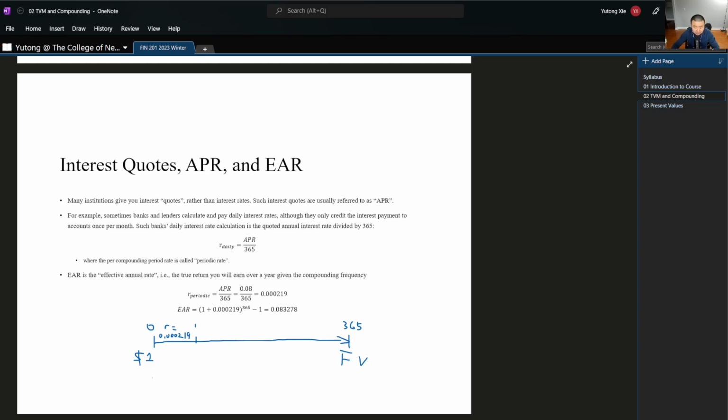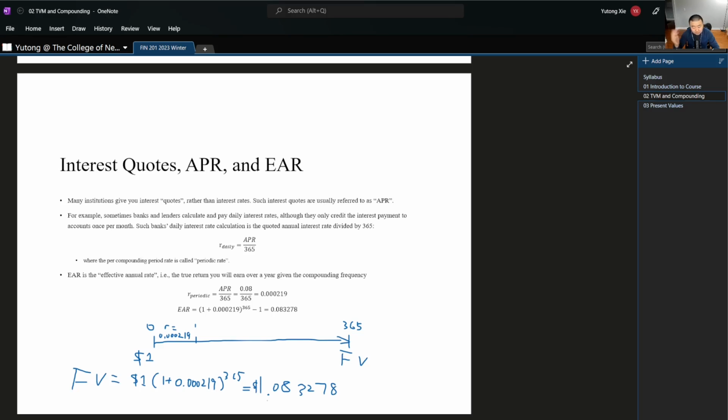So the future value should be $1, right, times 1 plus 0.000219, to the power of 365, right? So that's going to be 1.083278 dollars.